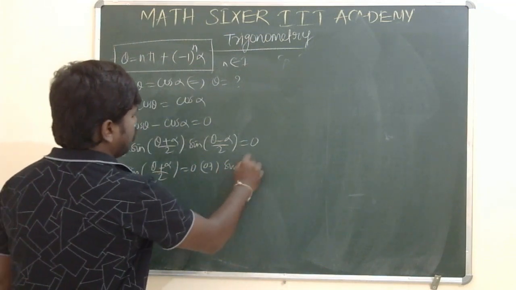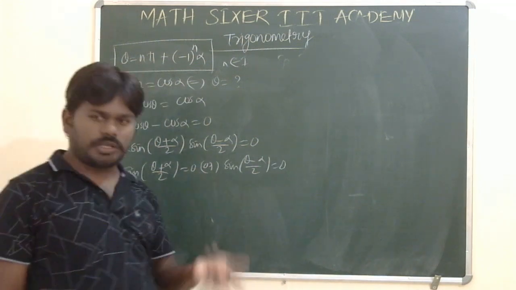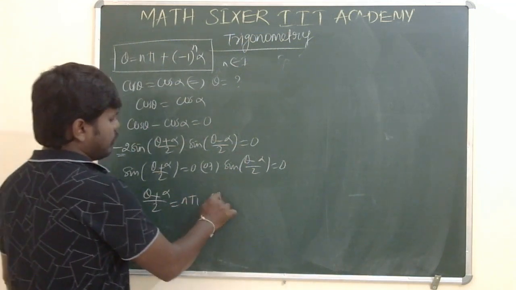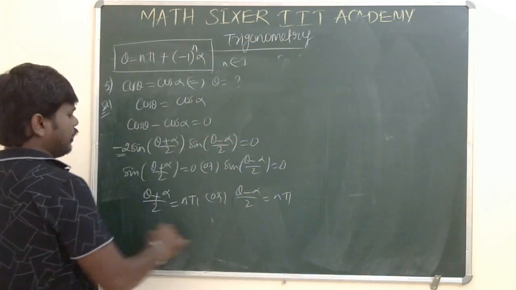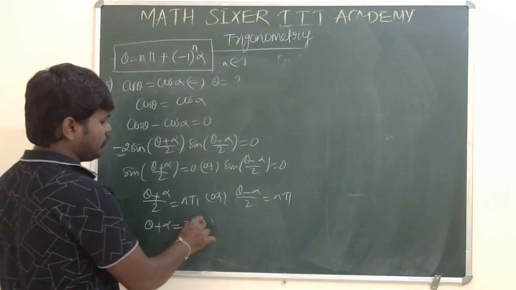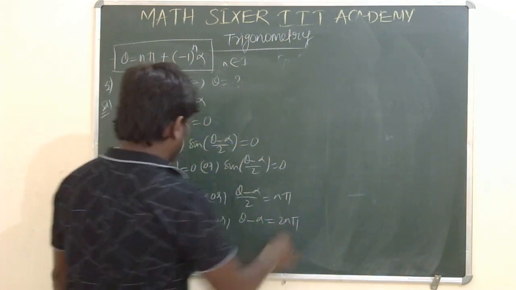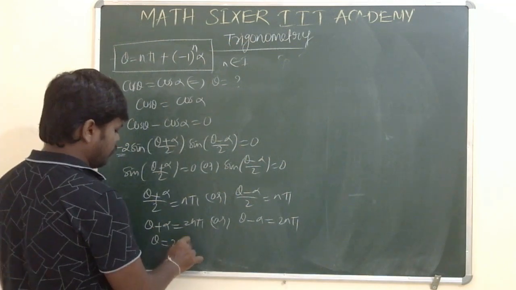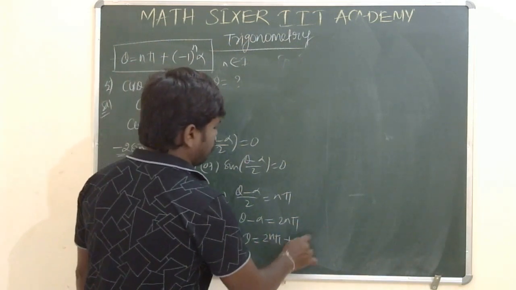So sin of (theta minus alpha)/2 is equal to 0. As we know sin theta is equal to 0, then theta is equal to n pi. So when you use that concept, (theta plus alpha)/2 is equal to n pi, and here also (theta minus alpha)/2 is equal to n pi. When you take the denominator to the RHS, then theta plus alpha is equal to 2n pi, and theta minus alpha is equal to 2n pi. So the theta value is, taking alpha to the other side, 2n pi minus alpha in this case, and in this case theta is equal to 2n pi plus alpha.